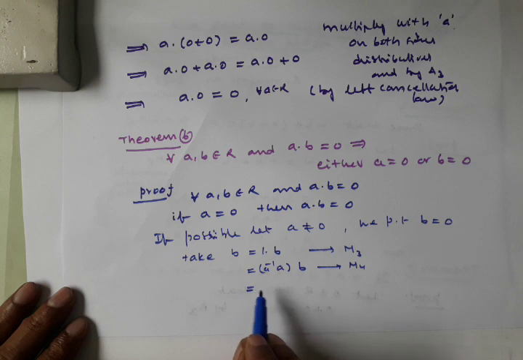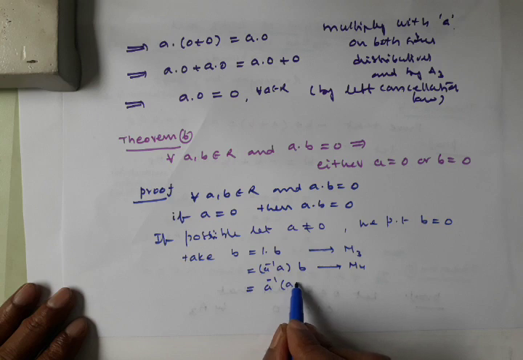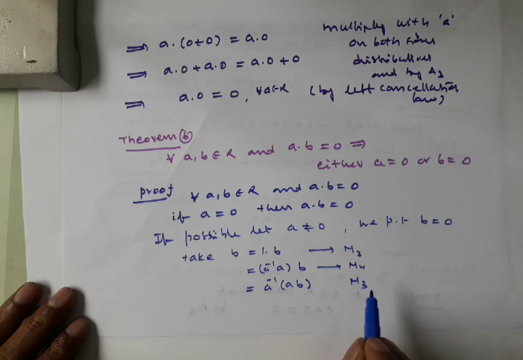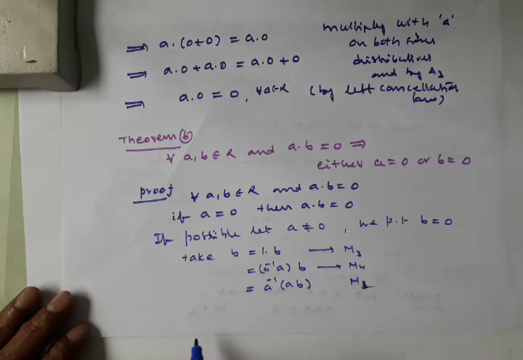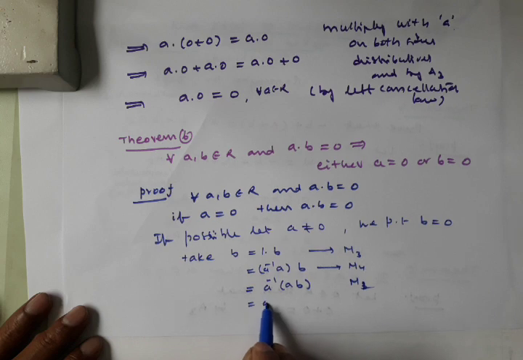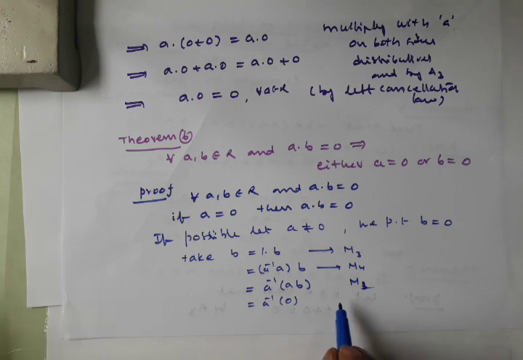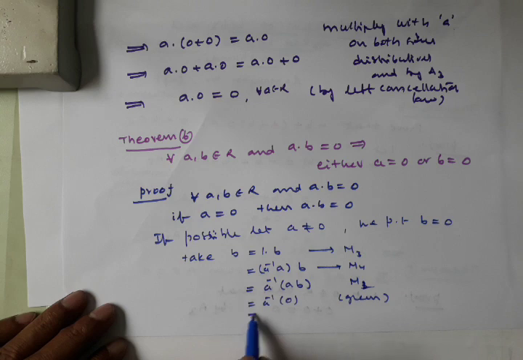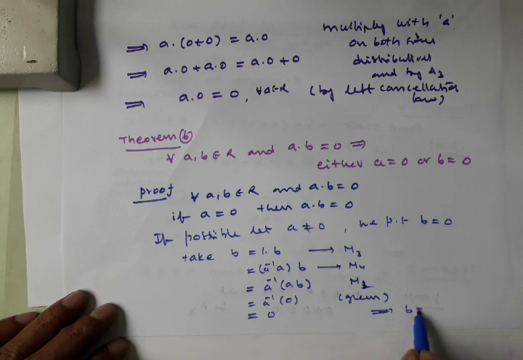This is equal to, by associativity under multiplication, A inverse into A B, which is equal to A inverse into 0, since it is given that A into B is equal to 0. That is equal to 0. So what we proved here implies B is equal to 0.